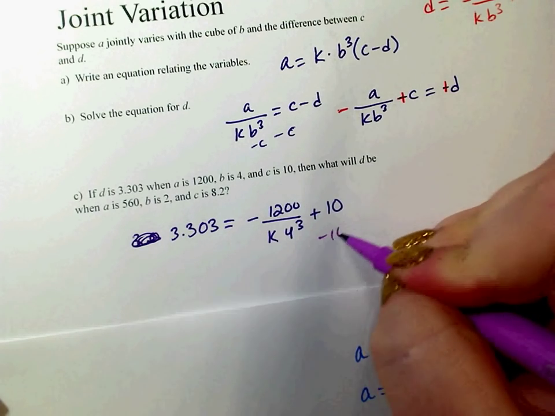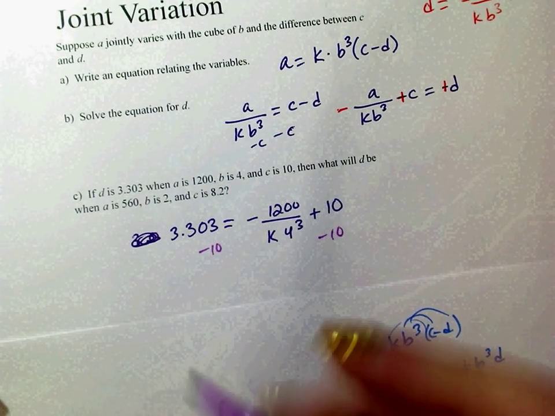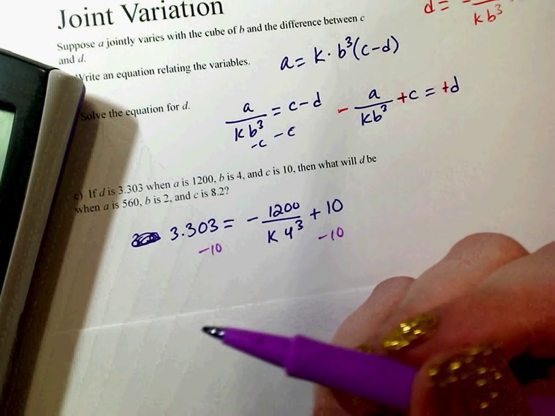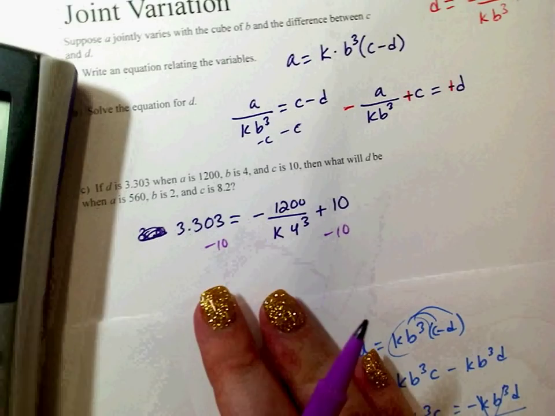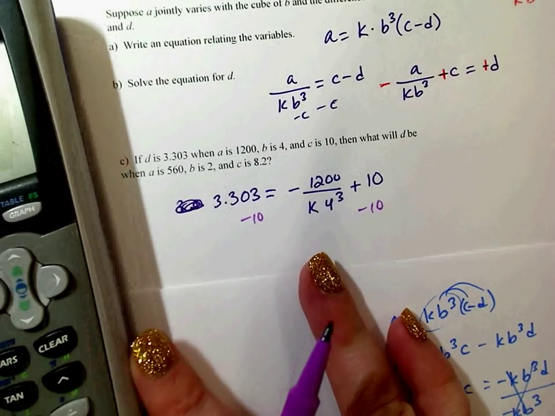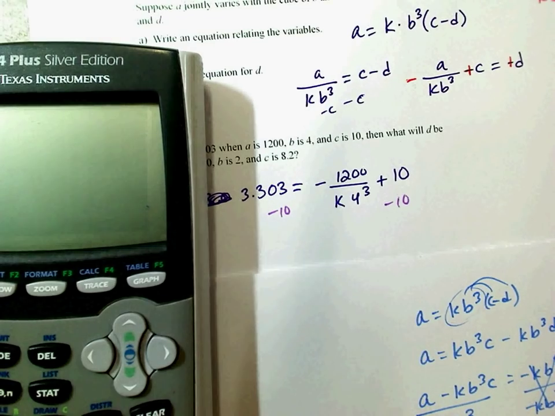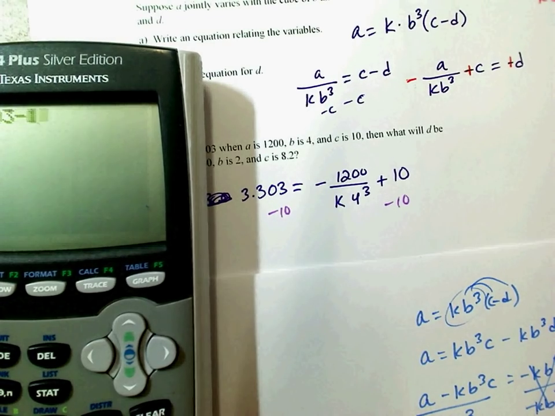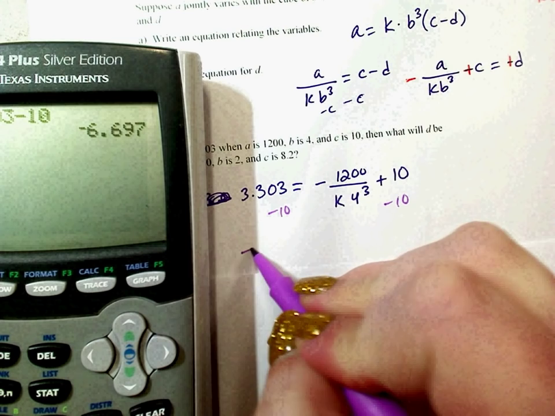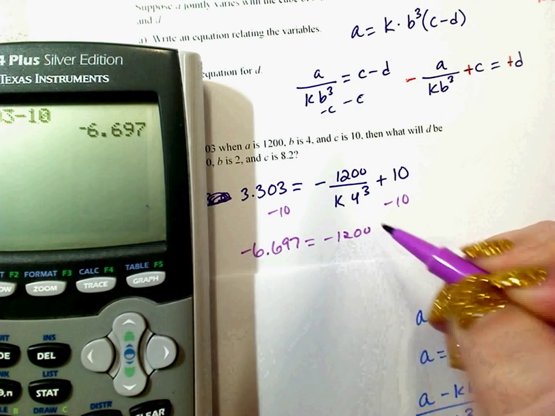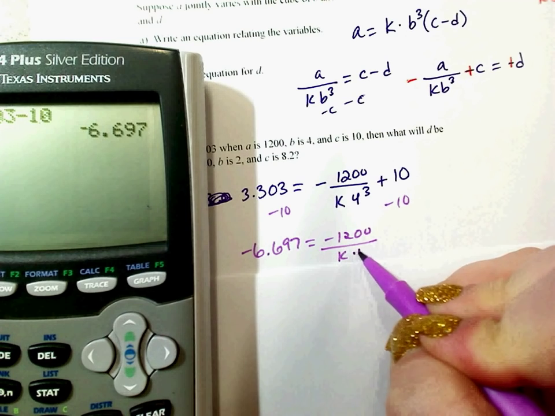So 3.303 minus 10 is negative 6.697. Negative 6.697 equals negative 1200 divided by K times 64. 4 cubed is 64.